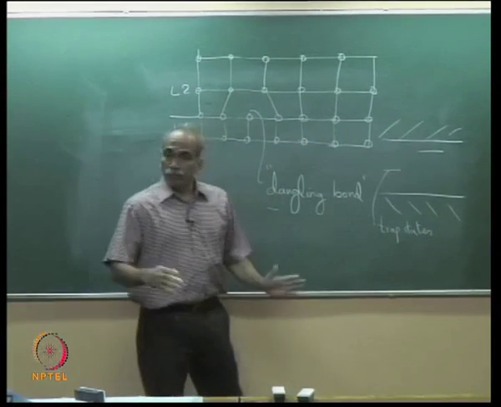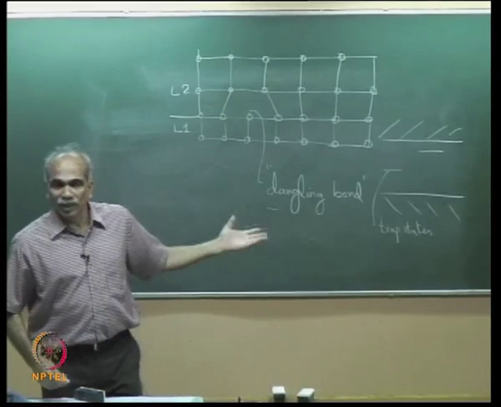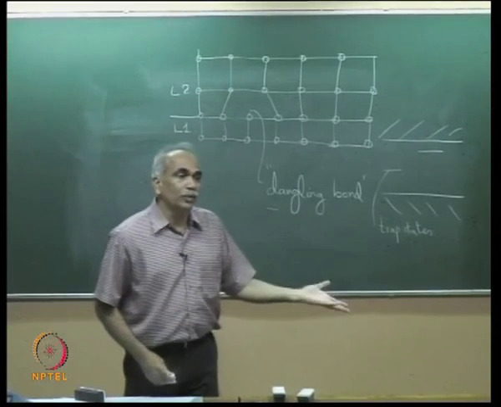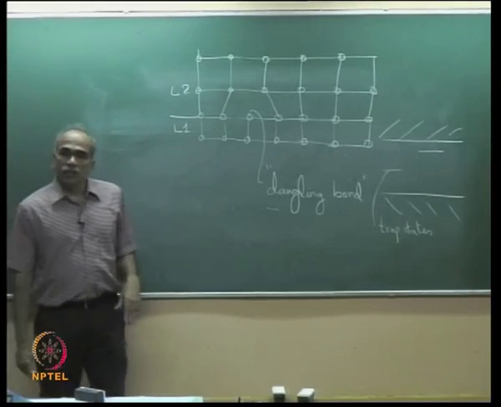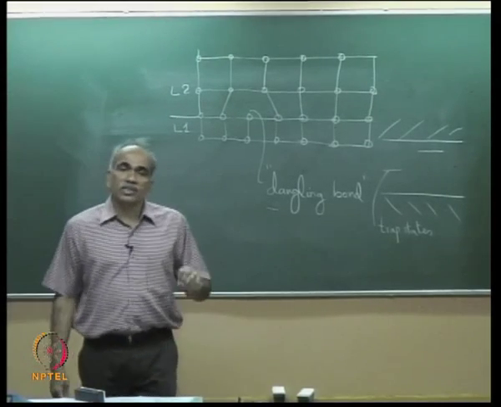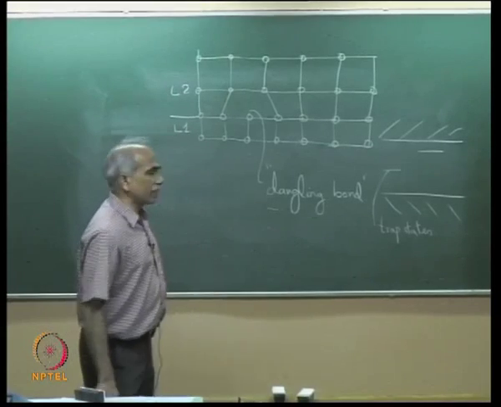Trap states occur due to various reasons. This is not the only reason. There could be impurity dopants, substitutional impurities, and interstitial impurities. Interstitial impurities also lead to trap states.